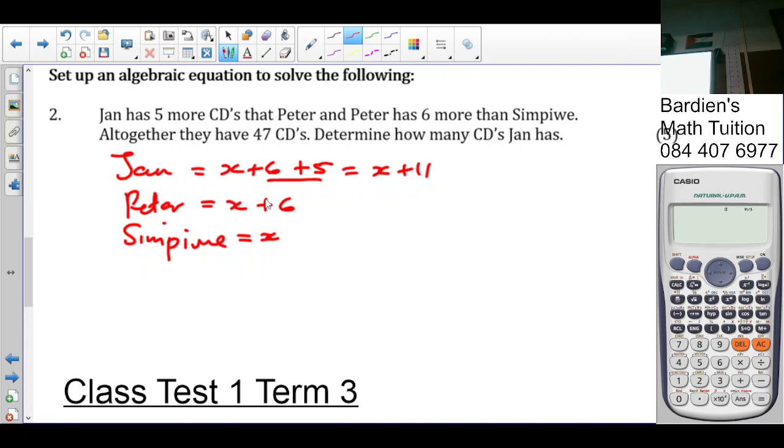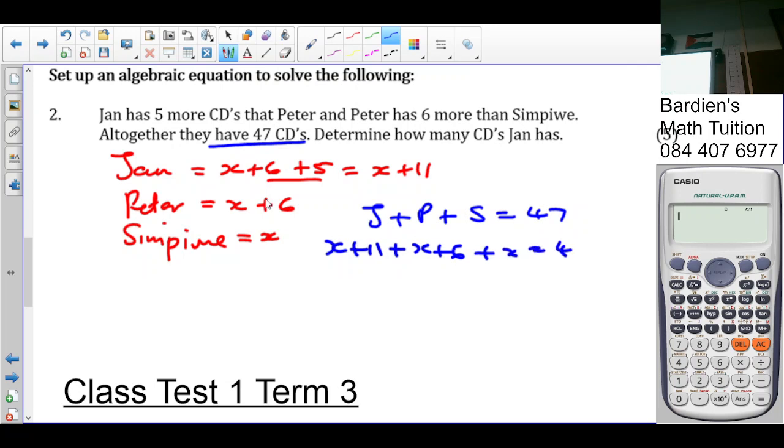The question is, together they have 47 series. Which means if I add Jan plus Peter plus Simpiwe, the total is going to give you 47. So Jan has x plus 11, Peter has x plus 6, Simpiwe has x, it's equal to 47.